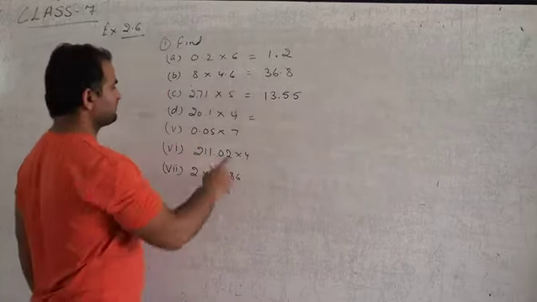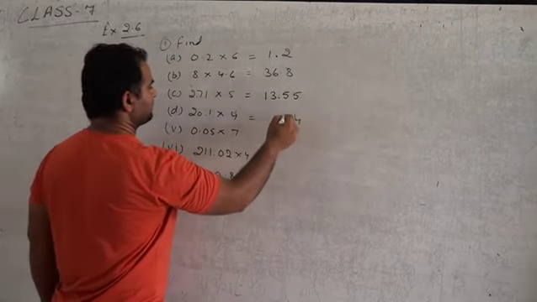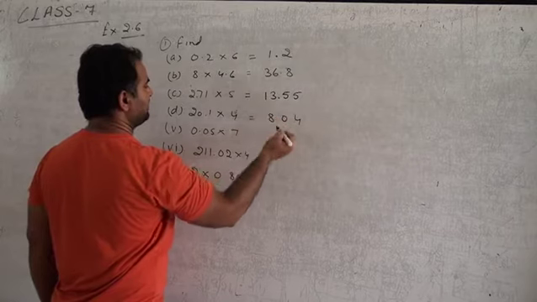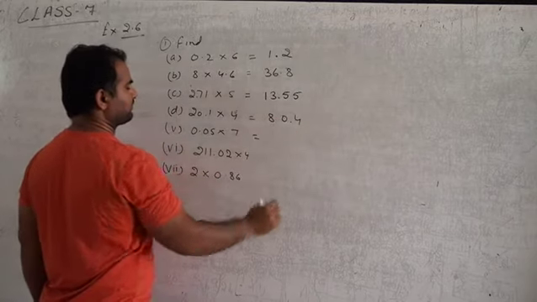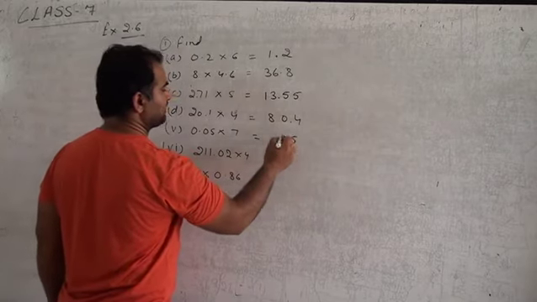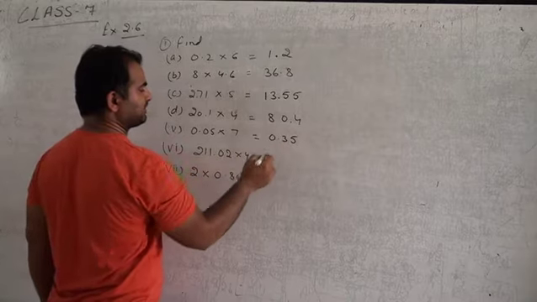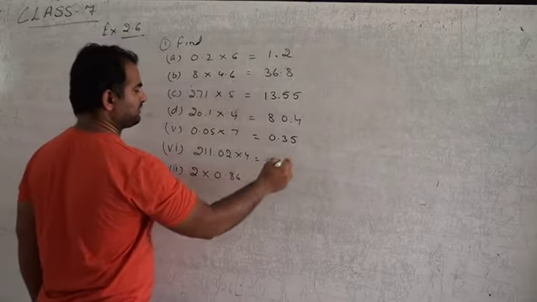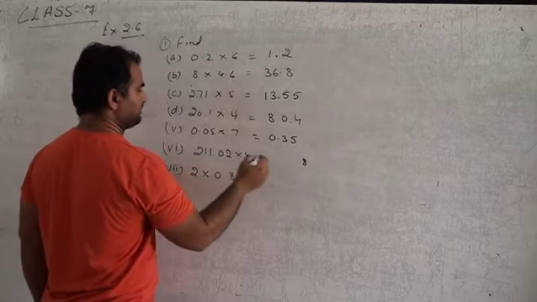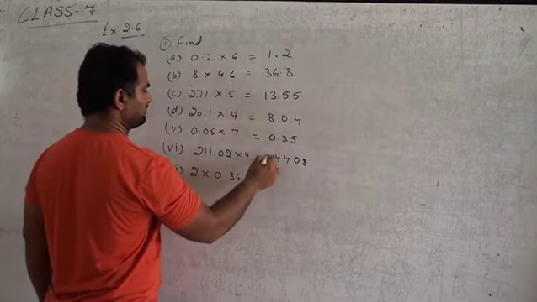Next is 4 into 20.1. So 4 ones are 4, 4 zeros are 0, 4 twos are 8. The answer will be 80.4. Next, 7 fives are 35, 5 and 3, and we have to place the decimal after 2 digits. So it will be 0.35. Next, 4 twos are 8, 0, 4, 4, again 4 twos are 8.